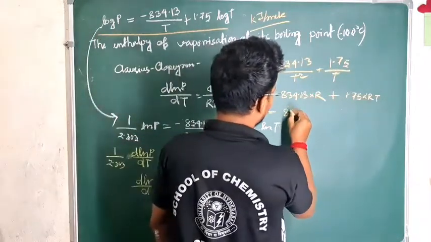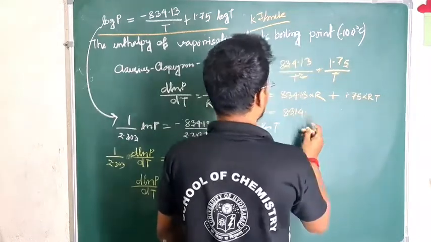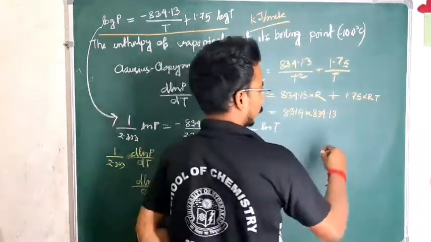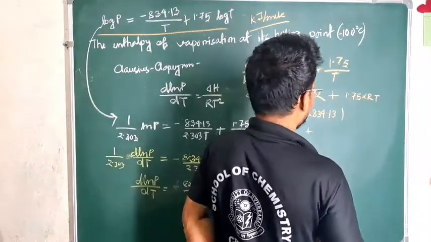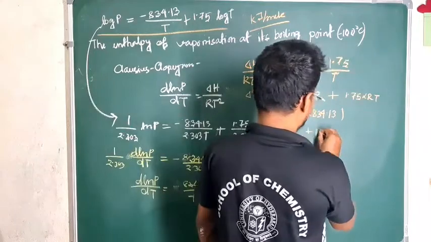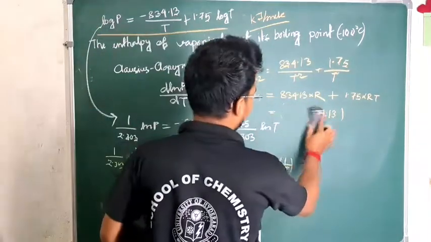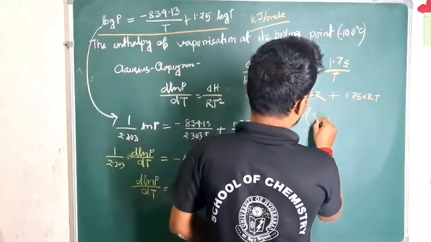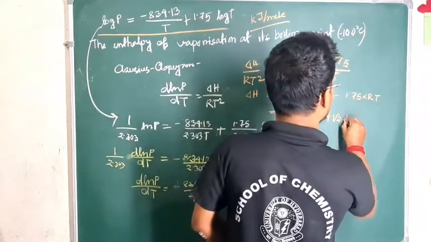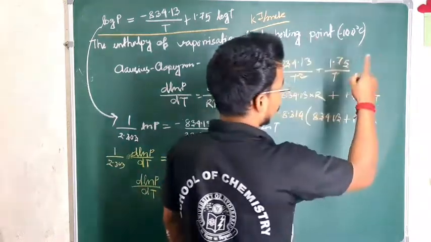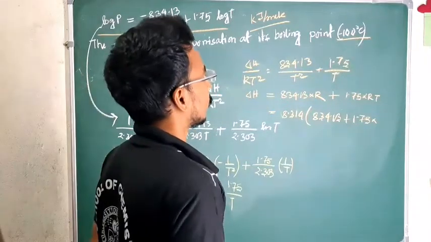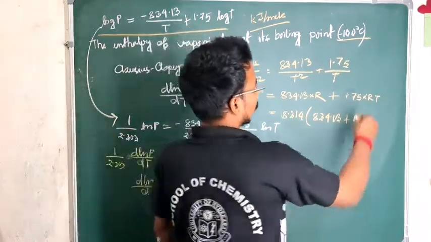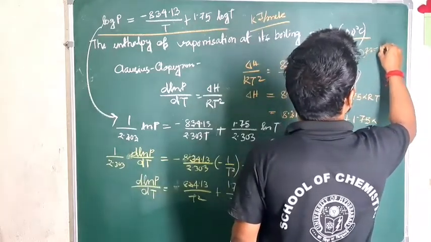So we put R as 8.314 joule. R is common, so 8.314 into 834.13 plus 1.75 into T, where T is minus 100 degree centigrade, which in Kelvin is 273 minus 100, so 173.